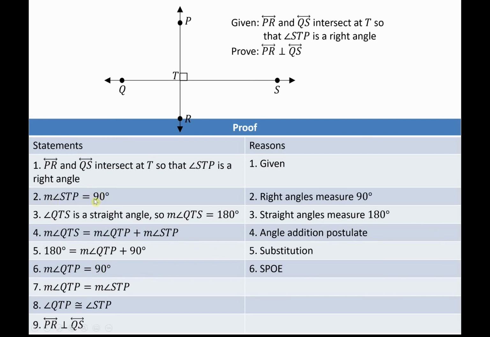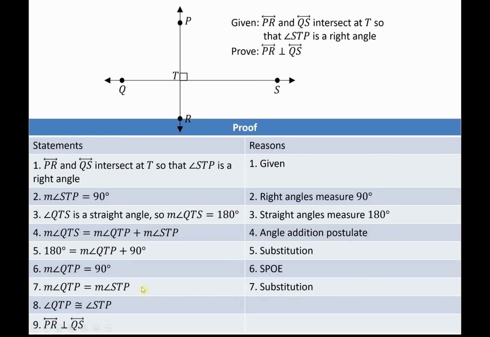They're both 90 degrees. So we can set these two measures equal to each other. Or you could use substitution as justification, saying you're replacing one thing and then replacing another thing. Or since three things are involved, you can always use the transitive property to justify this as well. So I wanted to make sure that I mentioned that there's more than one appropriate justification for number 7.